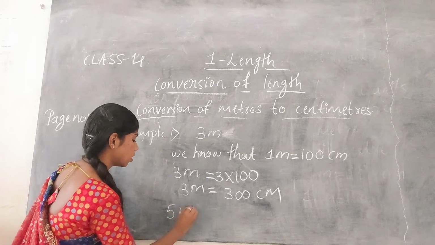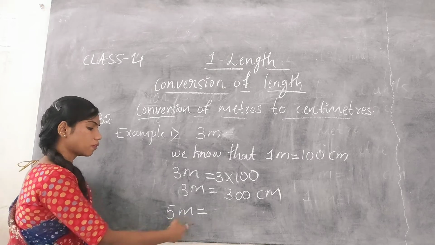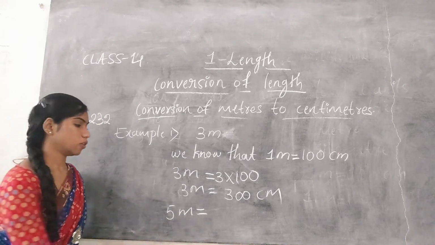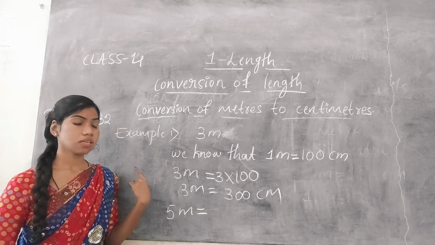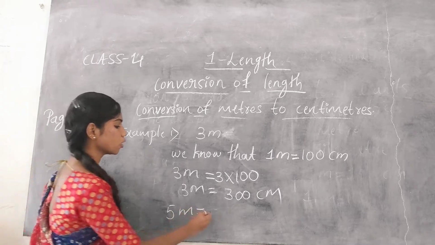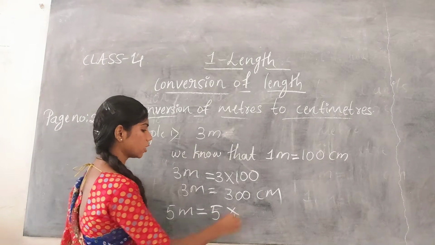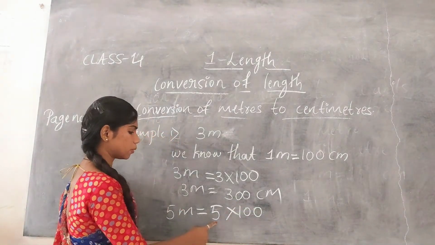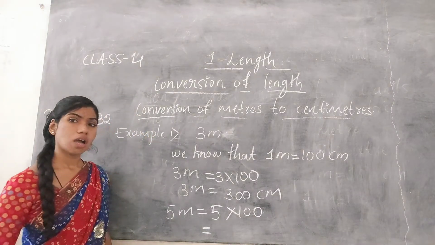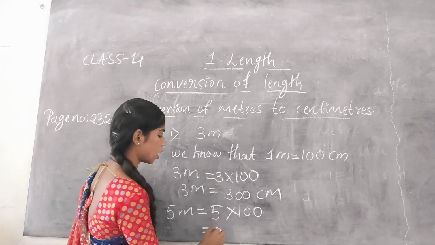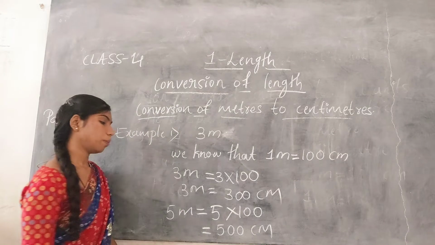Like that, 5 meter is equal to, convert the 5 meter into centimeter. To convert the meter into centimeter, we need to multiply by 100. The meter number is 5, so multiply 5 by 100. 5 into 100 is 500, so 500 centimeter.